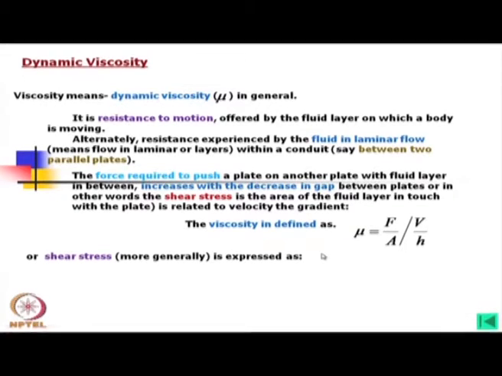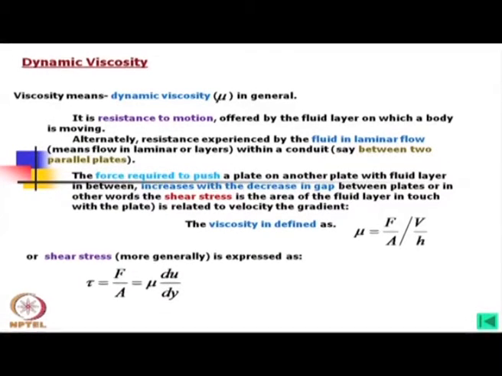Or shear stress more generally is expressed as tau equal to F by A equal to mu into du by dy. Here I would like to mention what type of force this is. We have applied a force, and the layers between the plates, or even inside the conduit, are shearing from each other, either from the metal surface or within the fluid layers.